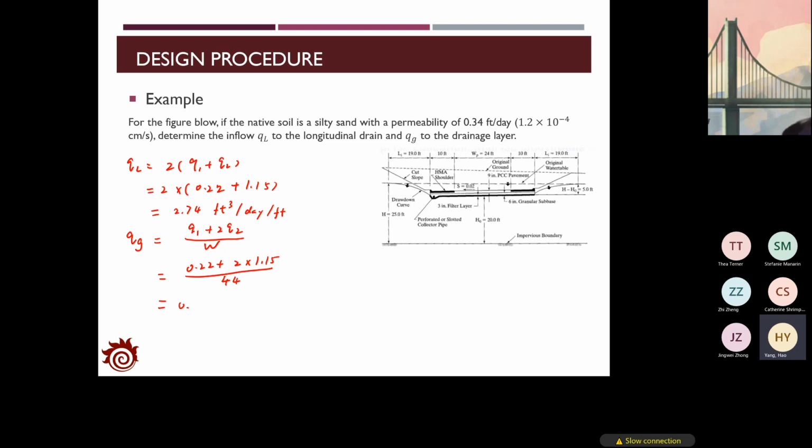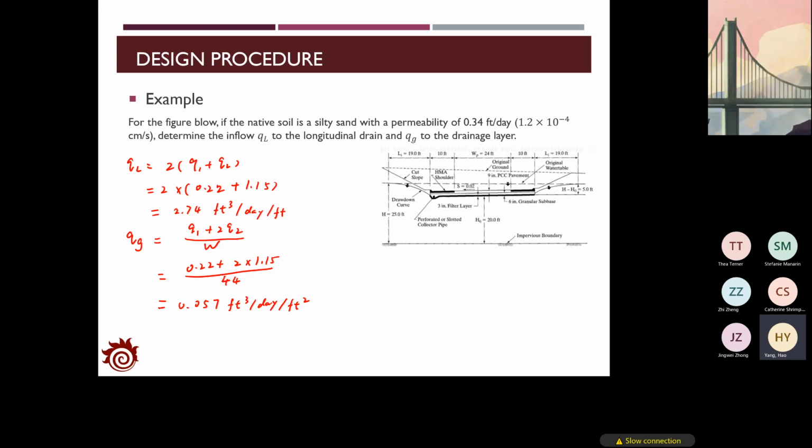So the result is 0.057 cubic feet per day per feet square. So that's the procedure for us to calculate the value of the inflow rate of the groundwater seepage.